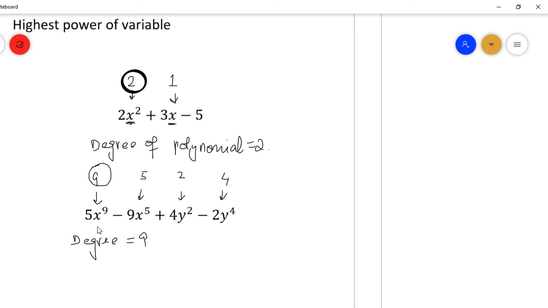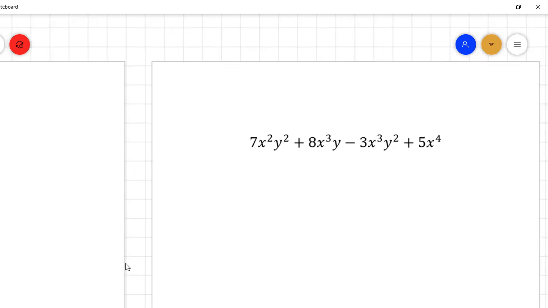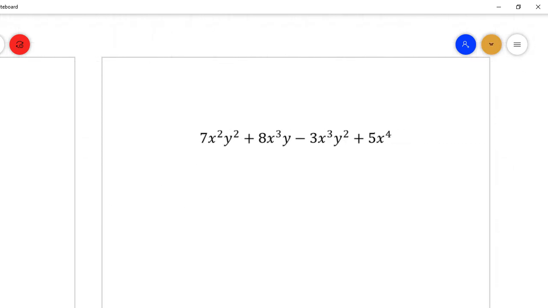In the next expression, 5x power 9 minus 9x power 5 plus 4y squared minus 2y power 4, there are two variables, x and y, but they occur in different terms. But in this expression there are two different variables, x and y, and they occur in the same term in the form of a product.